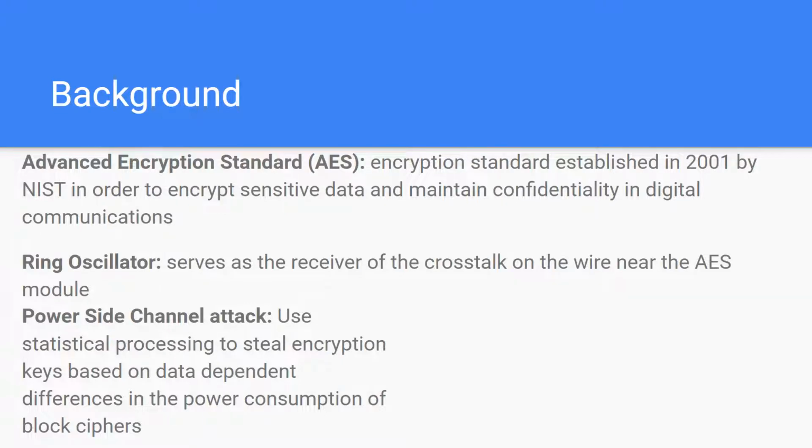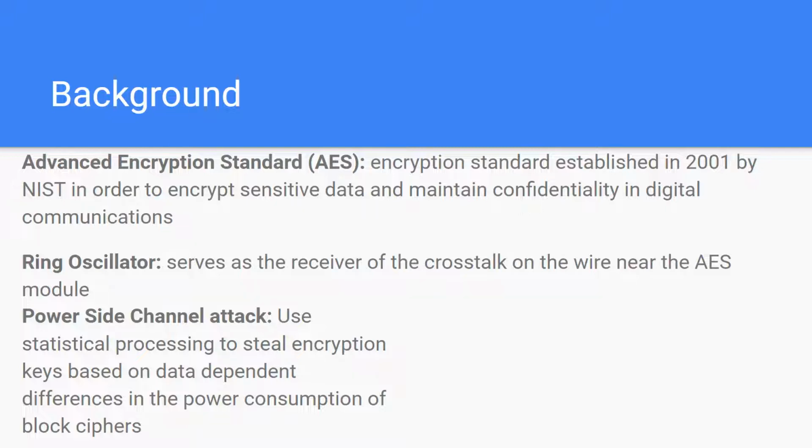To give a little background, we're going to be implementing an AES module on the victim logic, which is completely separate from the malicious user logic. And we're going to be using a ring oscillator, aka RO, as a receiver on the crosstalk of the wire near the AES module.